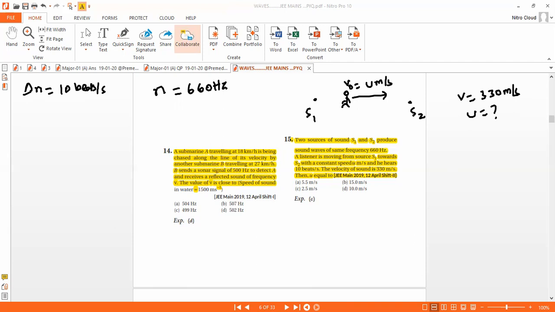So two sources of sound produce sound waves. Now, initially, we are having the formula n dash equal to v minus vs by v minus v naught into n. అవునా?